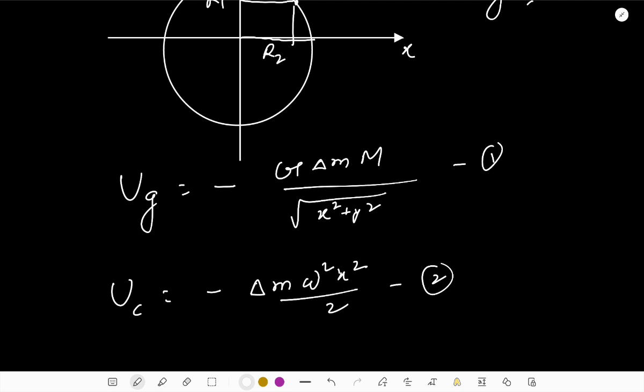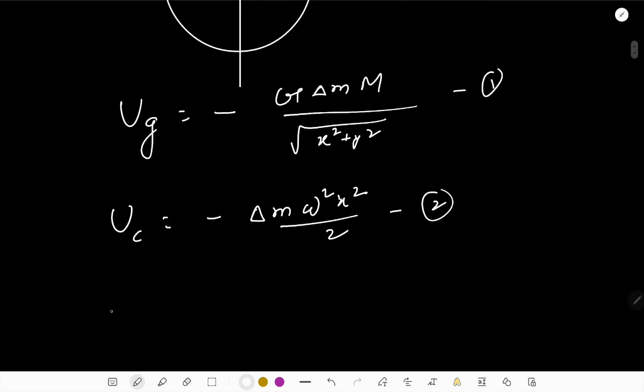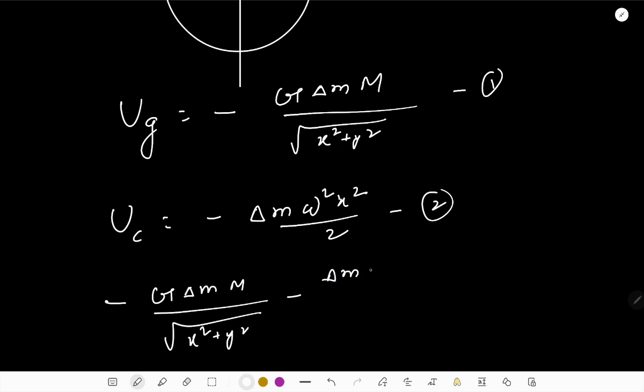And this is what we call an equipotential surface. So we are simply going to get the locus of this equipotential surface by writing the sum of potential energies, that is minus G delta m divided by the square root of x square plus y square, and another one, minus delta m omega square x square by 2, and that is going to be a constant.